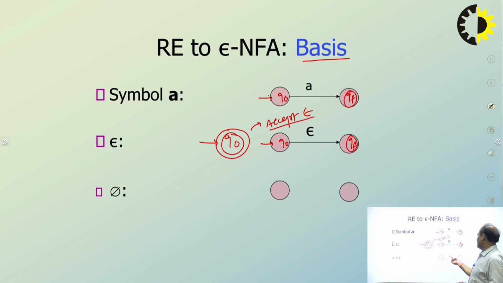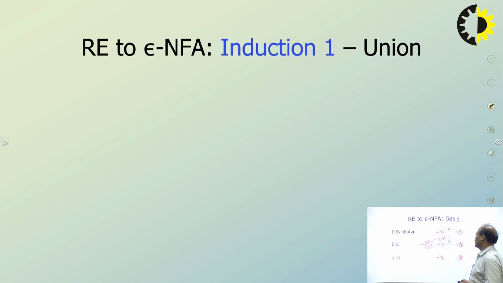Here it is just isolated: Q0 is the starting state and QF is the final state, with no interconnection. So this automaton is not accepting any language. This is the basis of the induction.